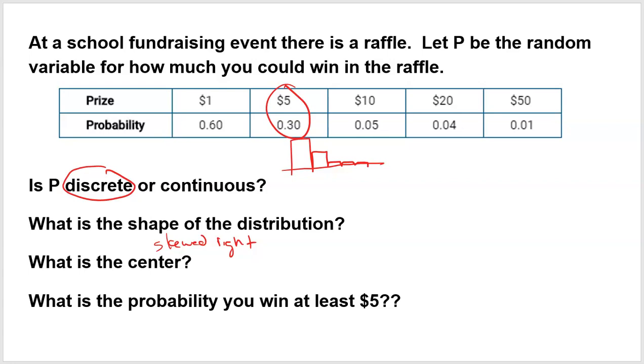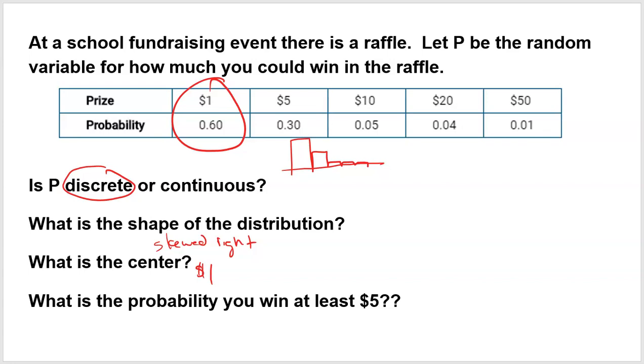There's actually 90% at 5 or below, but there's only 40% at 5 and above. So that's not the median. Sorry about that. I made a mistake. Oh my gosh. So the median's actually $1. Who would have thought that the median is all the way at the bottom? That's because $1 is just so much more likely than everything else. So again, there is more than 50% at $1 or less, obviously, and there's 50% at $1 or more. So that would be the center, $1. And again, that's because it's just so much more likely.